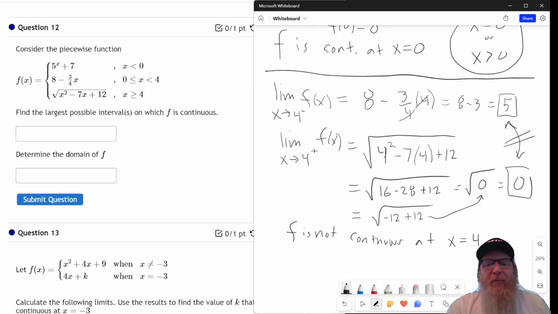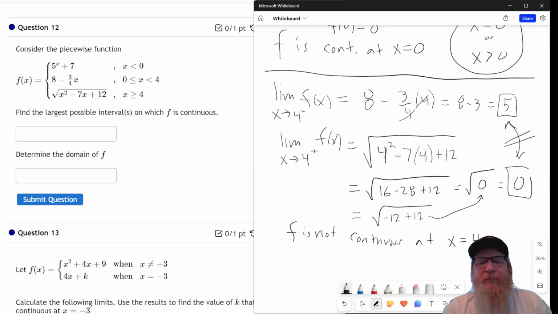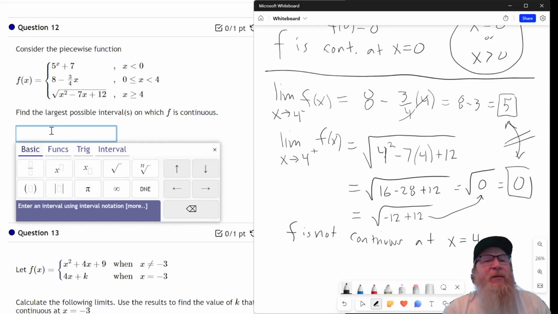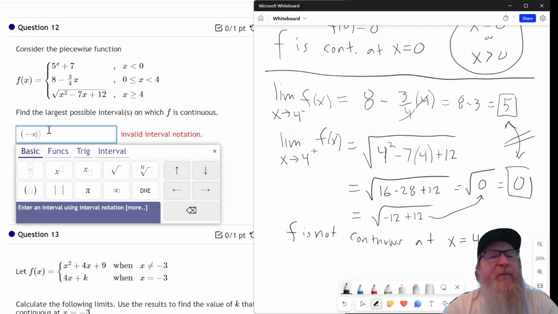So now when I go to my function here, the largest possible interval, well, it says x is less than 0. So negative infinity, that's less than 0. All right. Now, it's continuous all the way to 4.